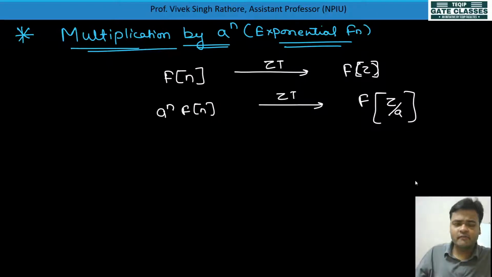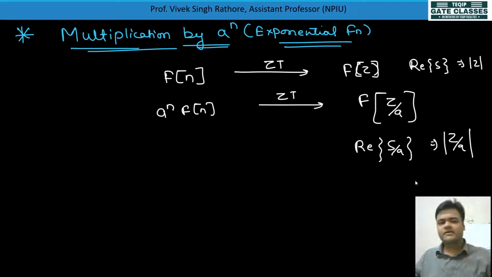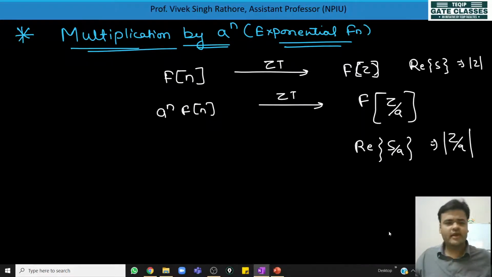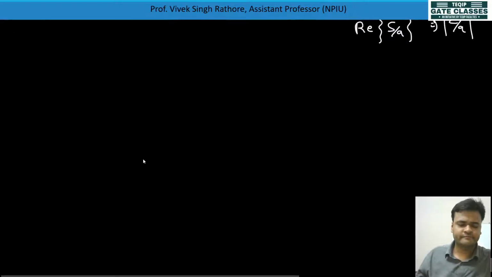And what will be the effect on the ROC? Here the ROC will be mod of z by a. So this variation happens when we multiply by an exponential function.